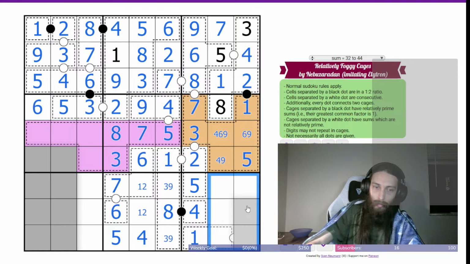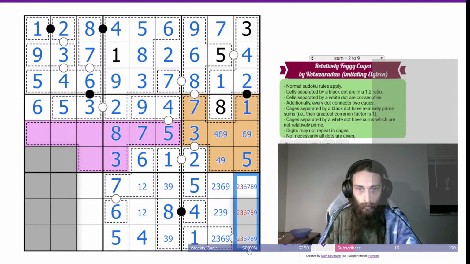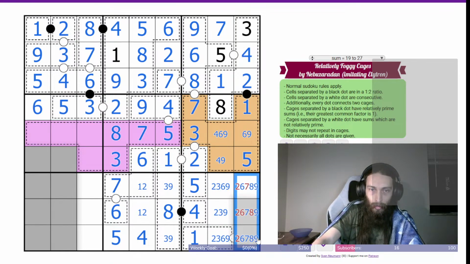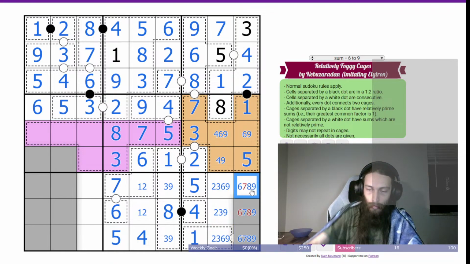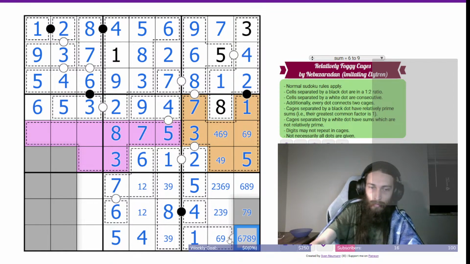So I guess we go down here. 1, 4, and 5 is out from the whole box. 7, 8. Not a 6. 3, 2. 7, 6, 8. 2 and 3 don't connect. On the right, 9 doesn't have a buddy.